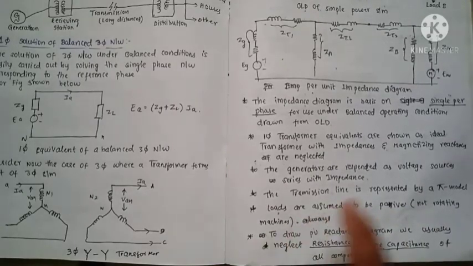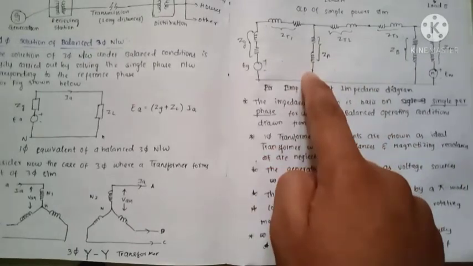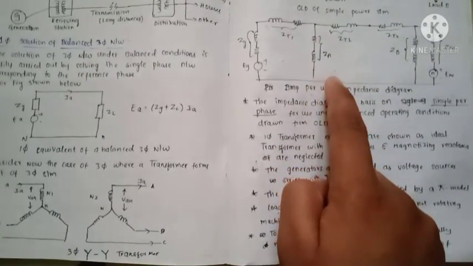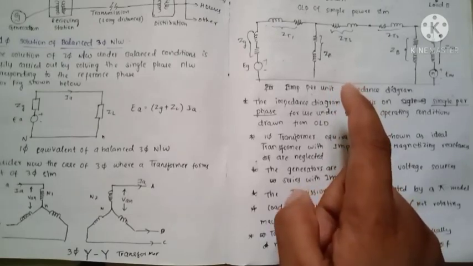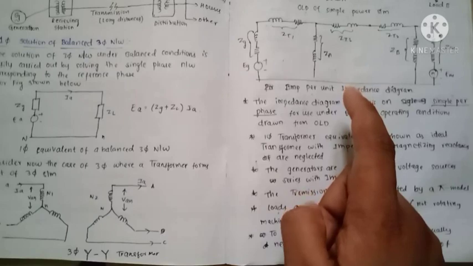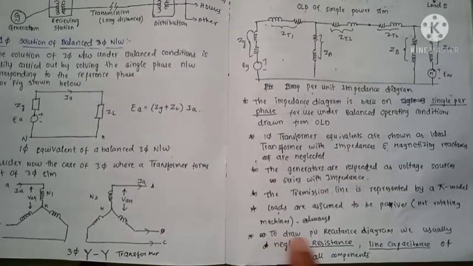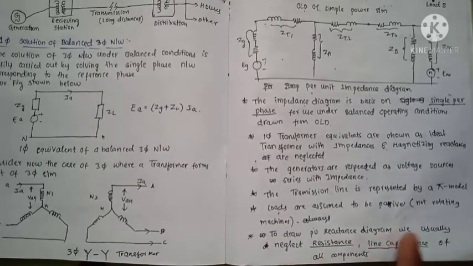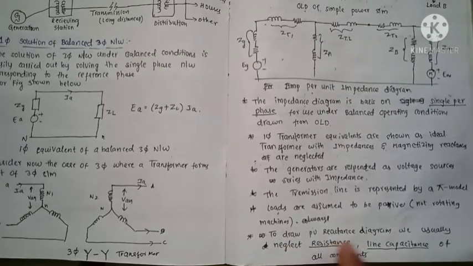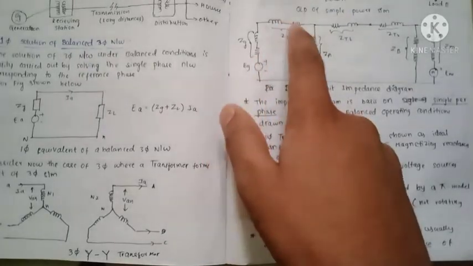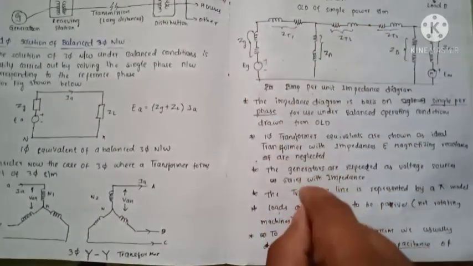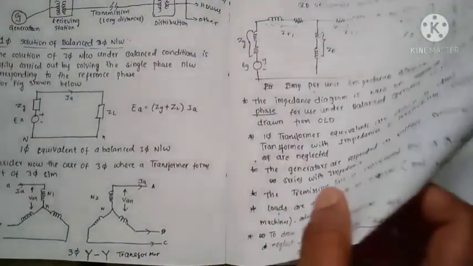And the last point, since we have drawn an impedance diagram, we now need the reactance diagram. To draw the reactance diagram, which we generally call the per unit reactance diagram, the per unit is explained in the next video. To draw the per unit reactance diagram, we usually neglect the resistance and line capacitance of all components.